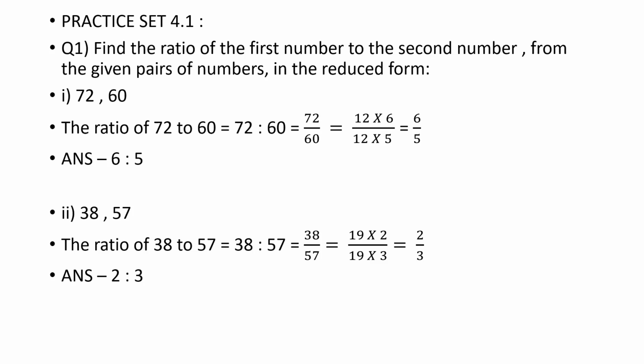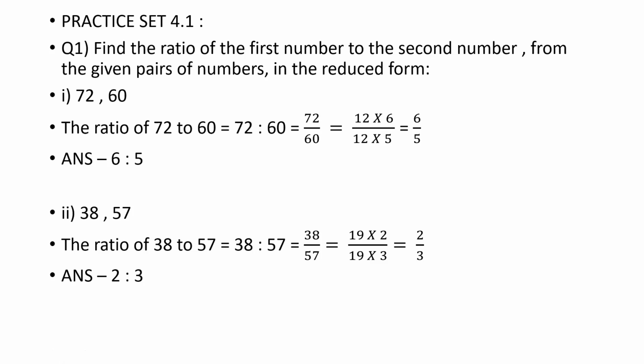So we will write the ratio of 72 to 60 is equal to 72 is to 60. These two dots over here, we pronounce it as "is to". 72 is to 60.